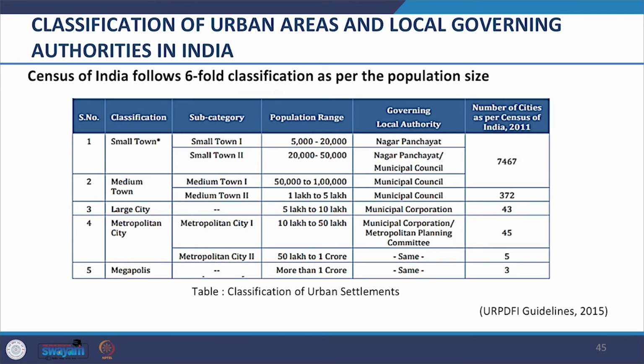Metropolitan, we have 45. And in metropolitan city 2, we have 5 under this category, and we have 3 major megapolis. So we have seen different classifications and subclassifications used in the Indian context, and the number of cities in each.